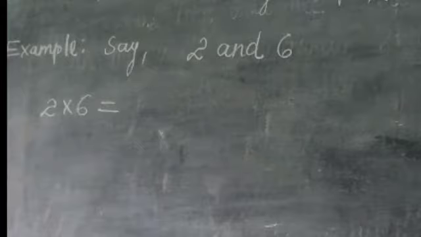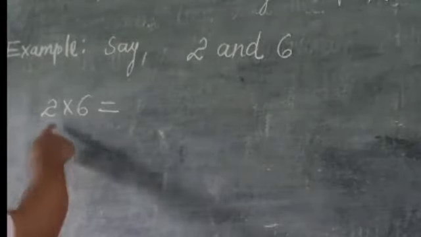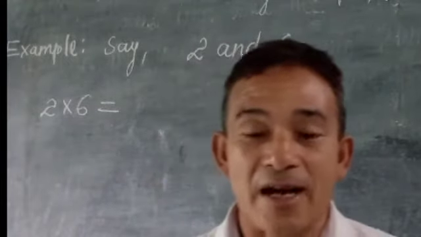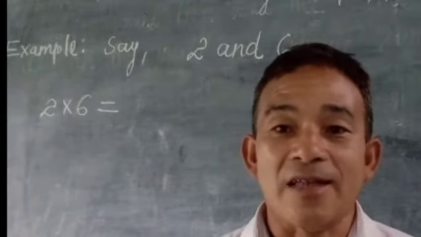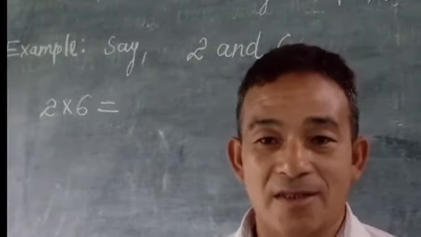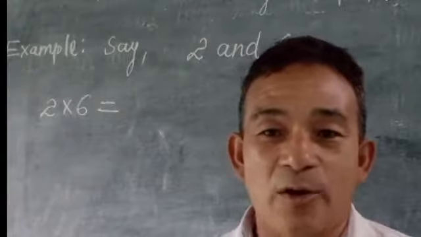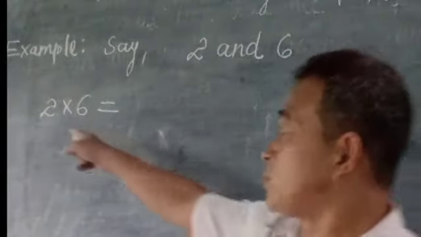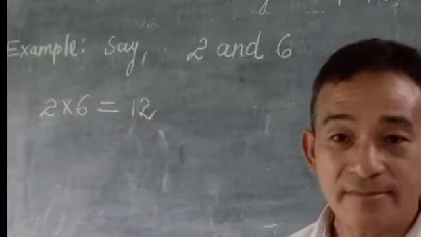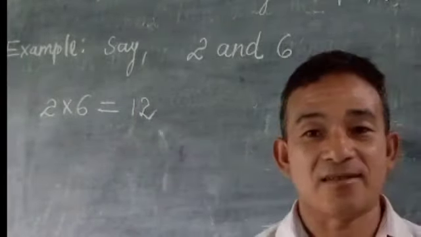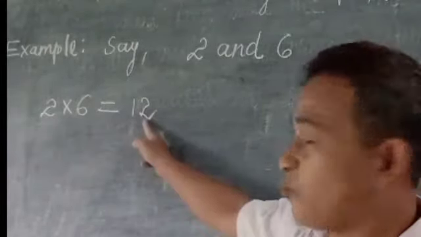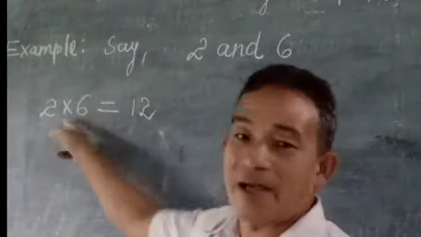So what is the product of 2 and 6? Let us understand what a product is. When you multiply two or more numbers, the result is known as the product. If you multiply 2 and 6, you will get 12. And this 12 is known as the product of 2 and 6.